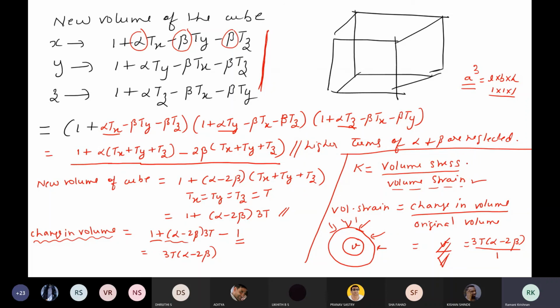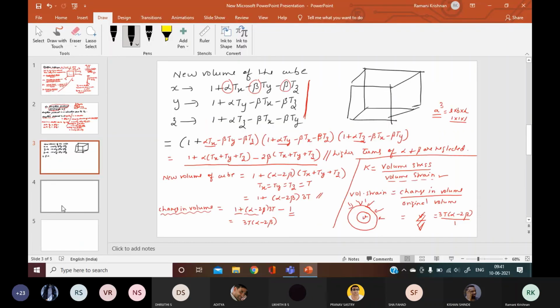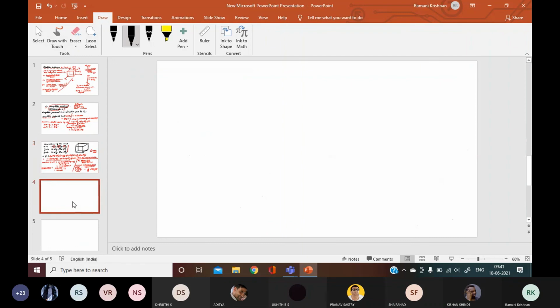Now let us complete the K value. I wrote K is equal to volume stress by volume strain. What is the volume strain we got? I got this as 3T alpha minus 2 beta.